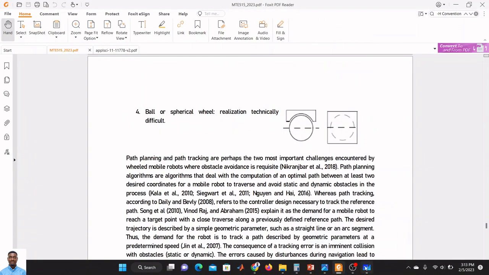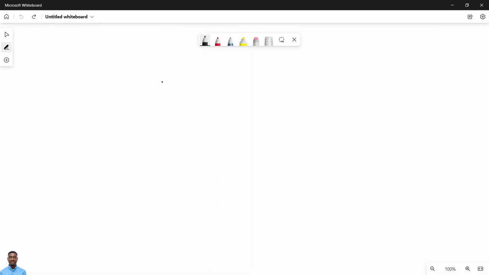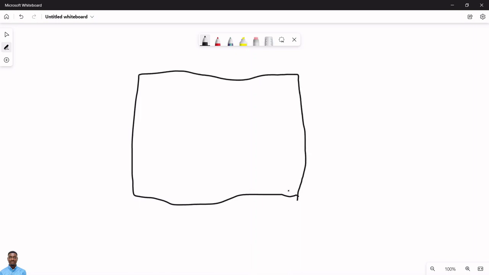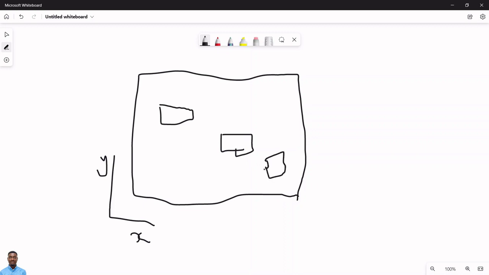So just simply put, you have something like this. Mobile robots work in a 2D environment, because when you're talking about mobile robots, they are basically 2D. So you have an environment like this in 2D, whereby this is your y-axis and this is your x-axis. Probably you have obstacles in the environment, because for you to do path planning, every path planning algorithm you want to use would ask for the map of the environment, the 2D map of that environment, if it's a mobile robot in this case.